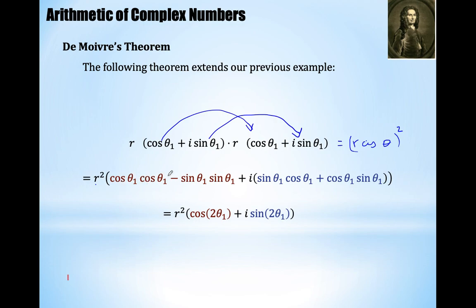I get cosine, cosine minus sine, sine, but isn't that cosine squared theta minus sine squared theta? Whoa, hey now. That's another trig identity. It's the double angle cosine identity. Woot! And then look what happens here.